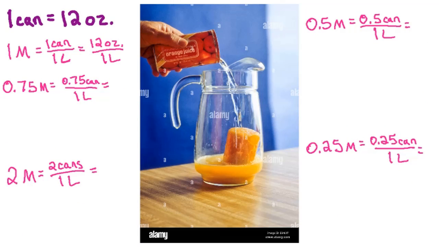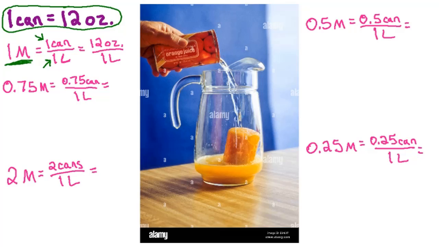Now let's take this a step further and let's understand that 1 can of the frozen orange juice concentrate is 12 ounces of that frozen orange juice concentrate. So if we look at a pitcher of orange juice with a molarity of 1, a molarity of 1 means you put in 1 can of frozen orange juice concentrate and 1 liter of water in the pitcher.